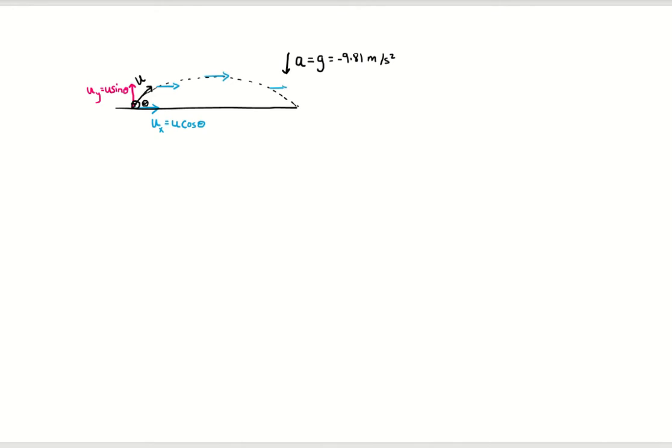So this ux, the horizontal initial velocity, is going to remain constant through the whole journey. At every instant of time, Vx, the x component of the velocity, is going to remain equal to ux in this case.